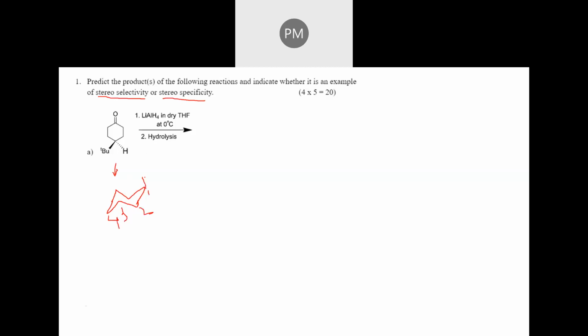At position 1 we have the carbonyl group, and at position 4 there will be a tert-butyl group and a hydrogen. The tert-butyl is above the plane and the hydrogen is below the plane.